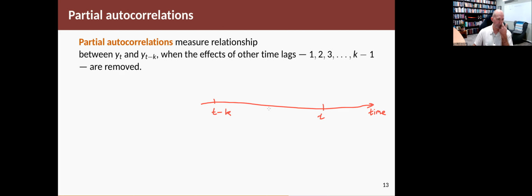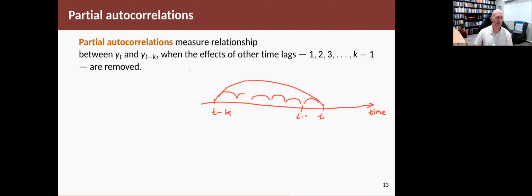Now, if there's one-step correlation, then the observation at time t is going to be related to the observation at time t minus 1. That's if there's autocorrelation at lag 1. And that's going to be related to the observation at time t minus 2, and so on, all the way back till you get back to time t minus k. So if you have one lag autocorrelation, you can induce k lags of autocorrelation simply because of the connections.